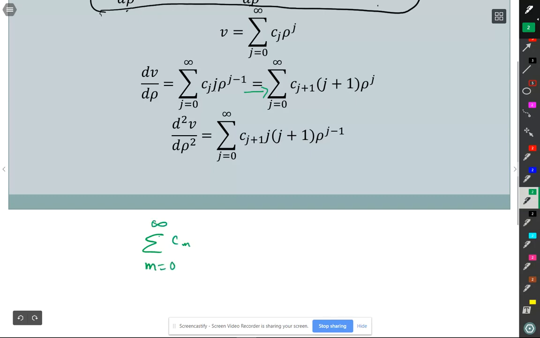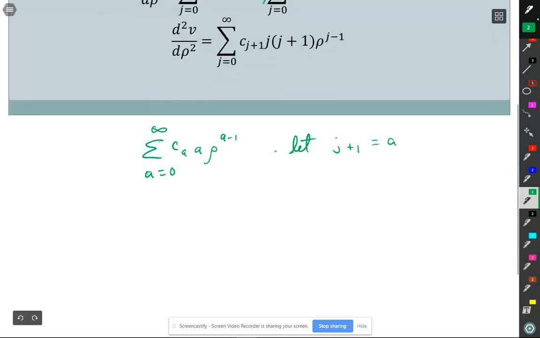Okay, m was a poor choice because m is one of our quantum numbers. Is A free to use? c sub A times A rho to the A minus 1. And then we say, well, let j plus 1 equal A. And so we just go ahead and rewrite the same thing.